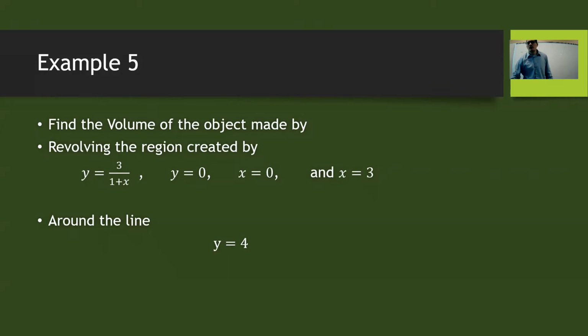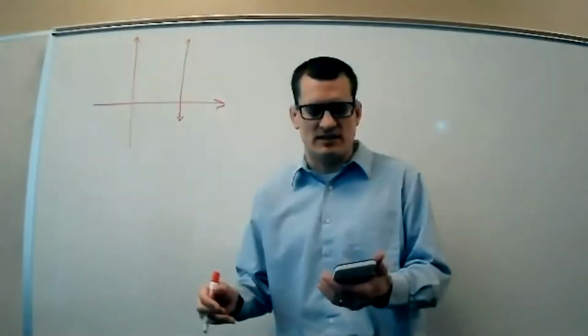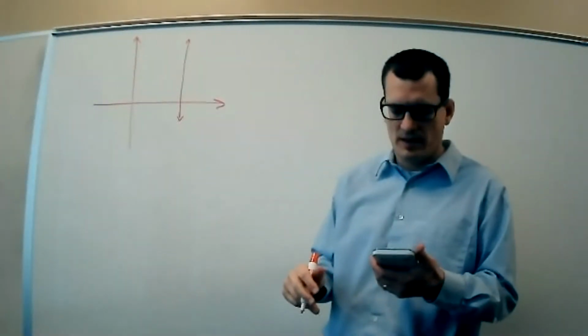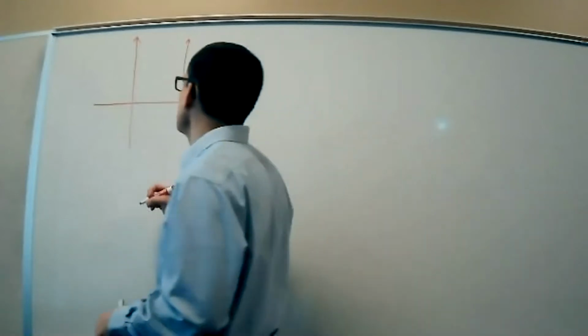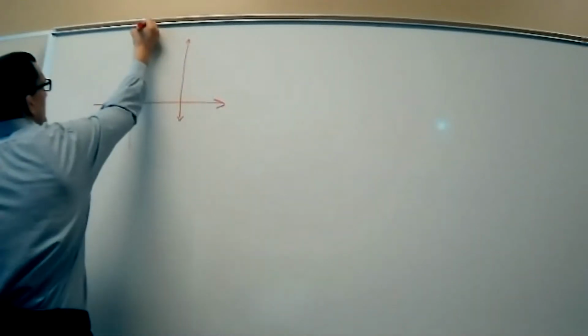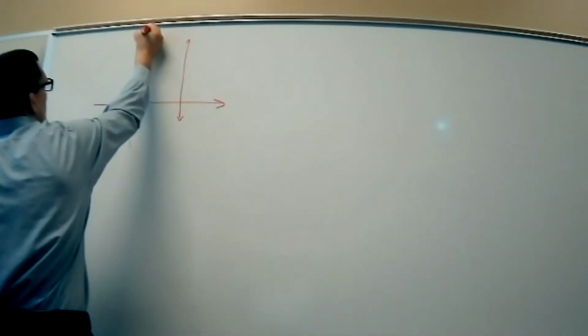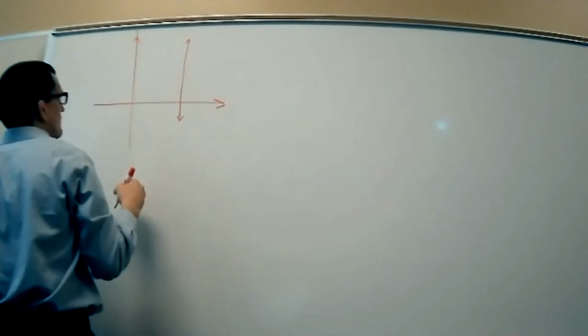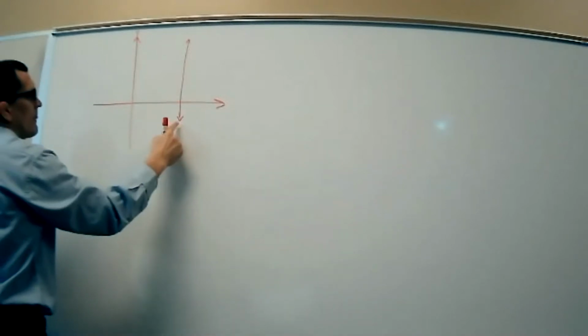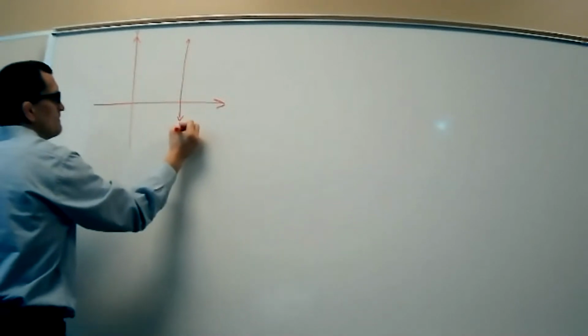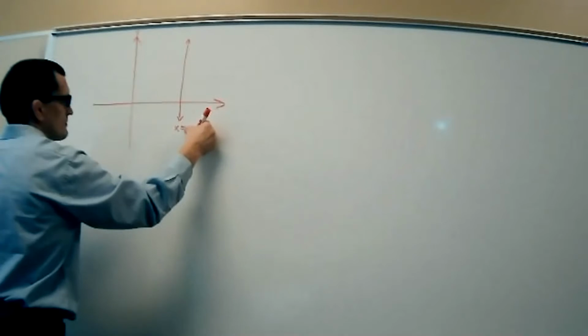And then 3 over 1 plus x is probably the curve that's most difficult to draw because that's obviously a rational function.